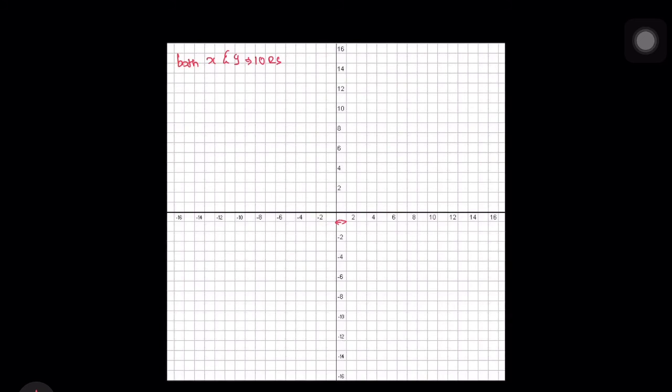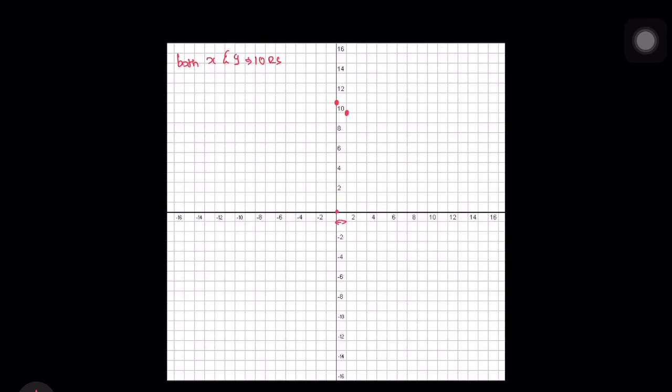The first one: if x spends 0, then y needs to spend 100, so x is 0 and y value is 100. This is the position. The next, x is equal to 10, and y is 90.